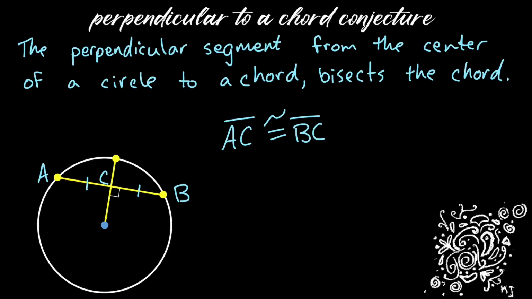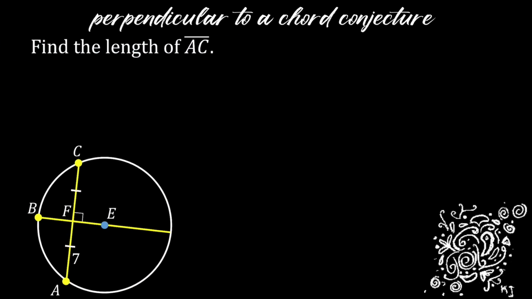And let's look at the example. We have a segment from the center of the circle. It intersects a chord at a right angle. That means that this segment, AF, is congruent to segment CF.